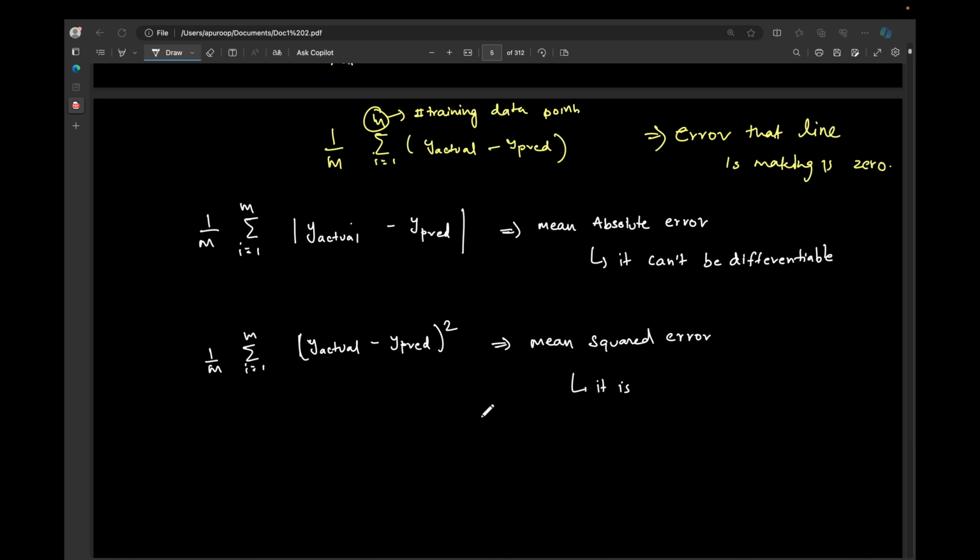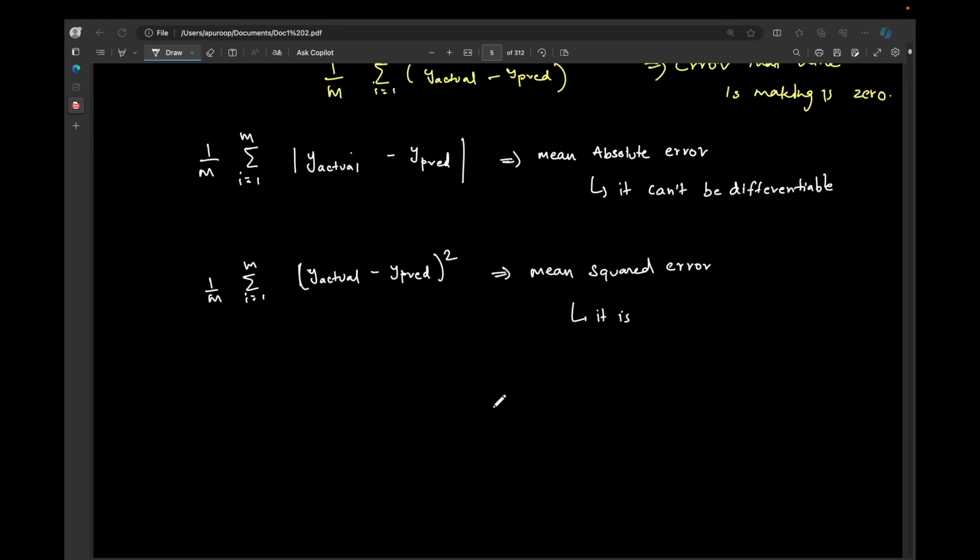For adjusting those, we'll be using an optimizer, and in the optimizer, we'll be doing differentiation, or we'll be calculating the derivative. In such a case, we should make sure that the function that we are using is differentiable.